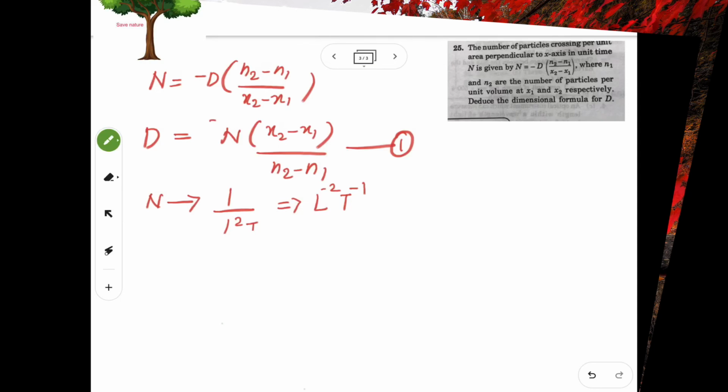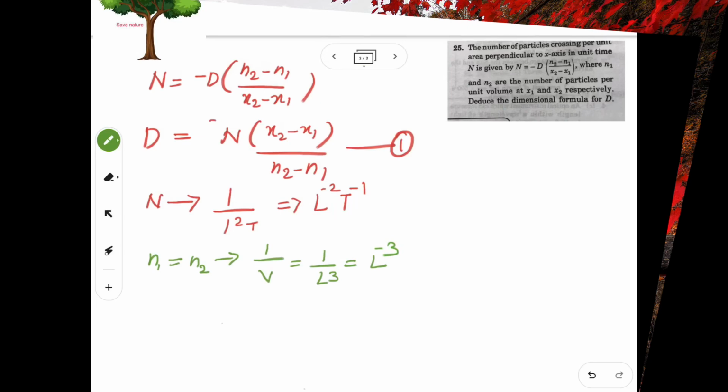Volume has a dimension of L cube. So n1 and n2 will be the same, equal to 1 by volume, which is 1 by L cube, that means L raised to minus 3. That is the dimension of n1 and n2.